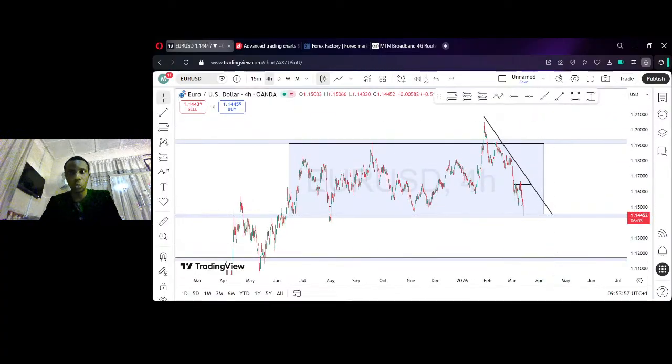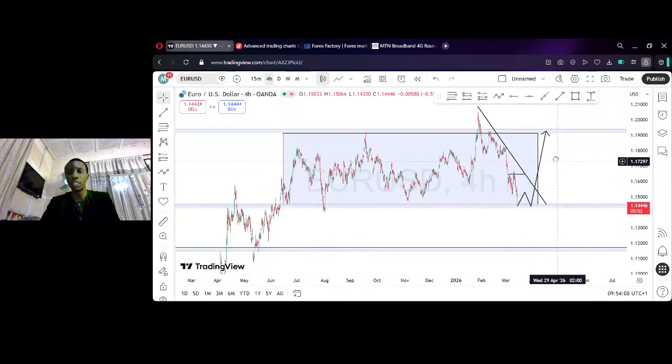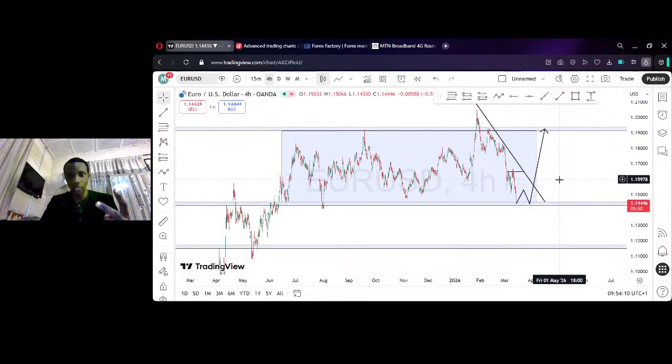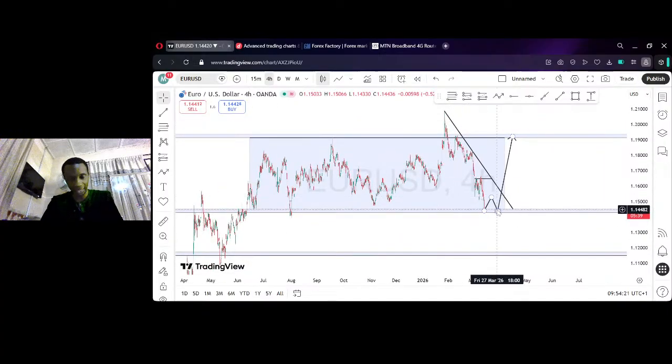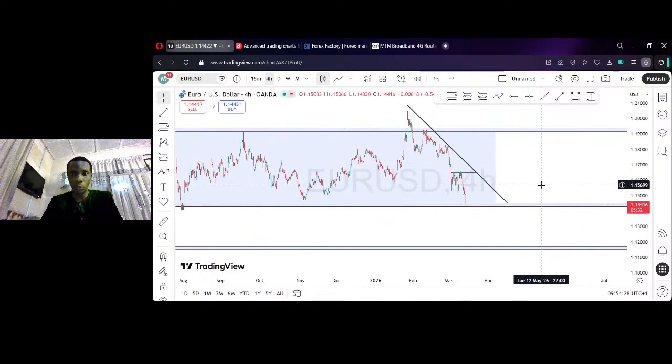Or we should see price giving us a trend reversal right here, a change of direction back up. One of these is likely to happen. It's either price breaks out from this support level, retests, and sells down to the next support level, or price turns around again and pushes back up to continue the range.